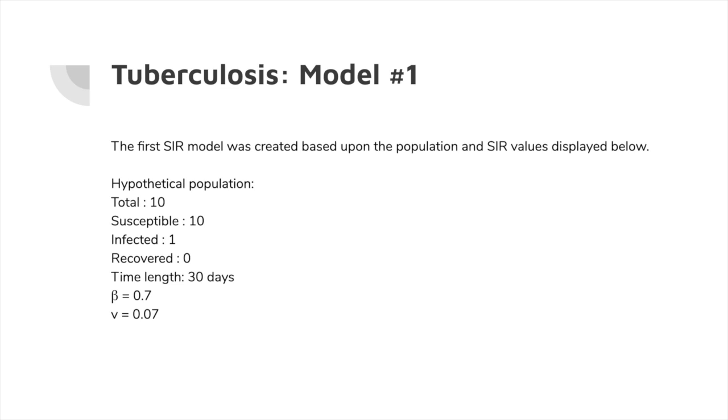So the first model for every disease has the same hypothetical population, as well as the second and the third. The total people in this population is 10 susceptible, 1 infected, and 0 recovered with a time length of 30 days. And the 2 values that I entered are beta, which is 0.7, and V, which is 0.07.